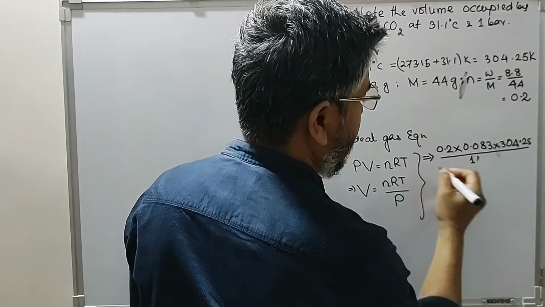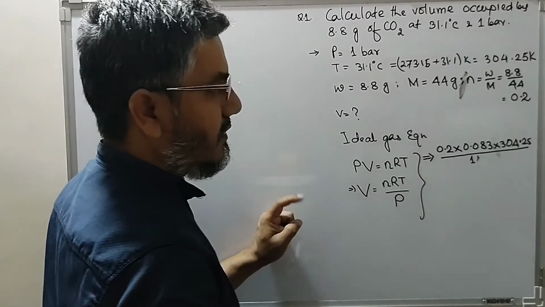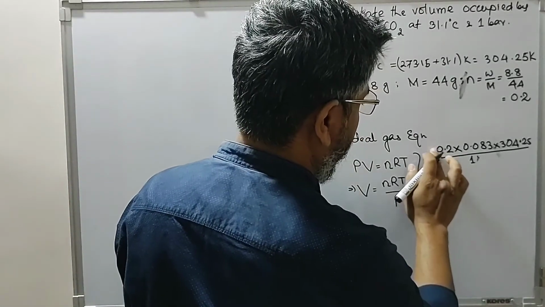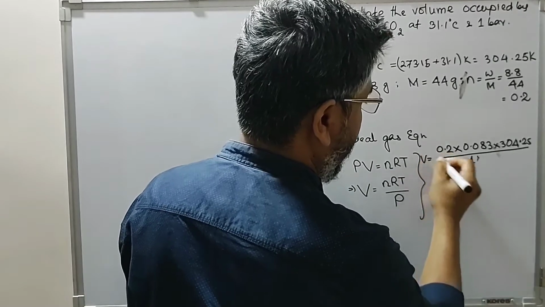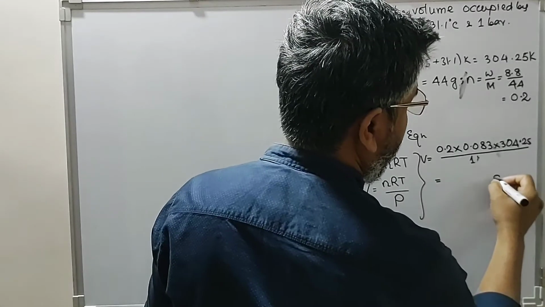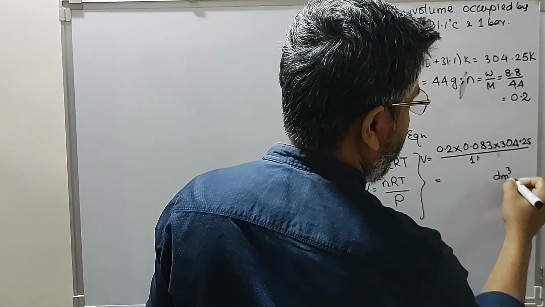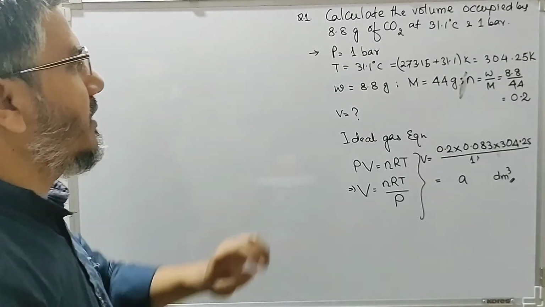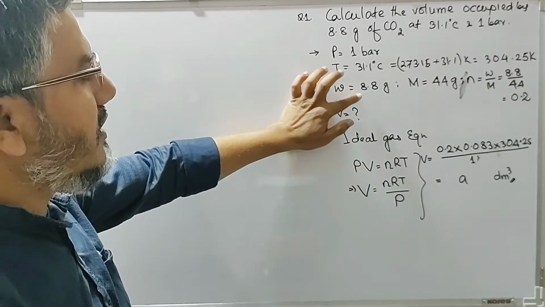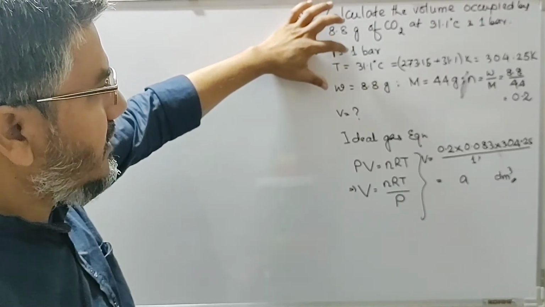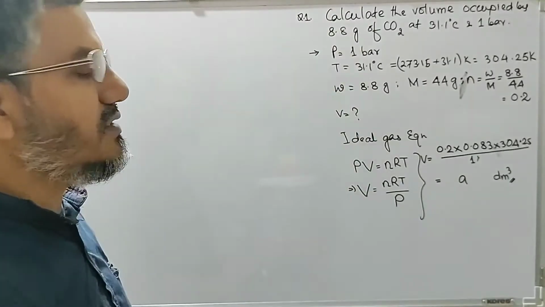So this is the volume of the gas. This volume must be in terms of dm cube. Suppose this is something A, so A dm cube. This is the volume occupied by 8.8 gram of carbon dioxide at pressure 1 bar and temperature 31.1 degrees centigrade.